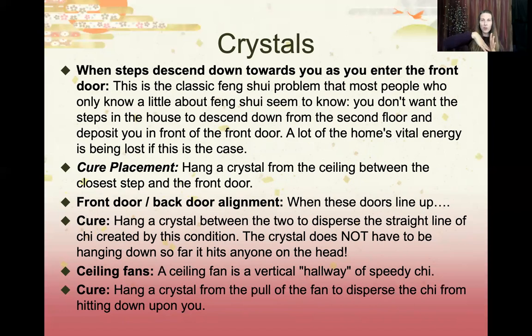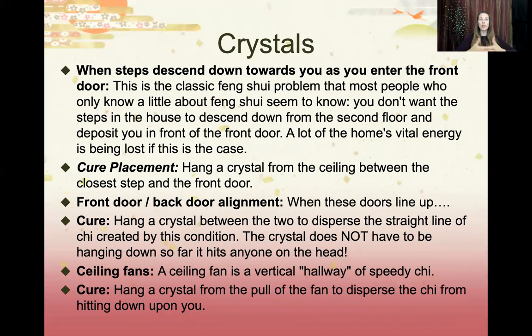Now, if that's the way our house is built, it's okay. Again, we don't want to be like, I can't believe that's my house. We're just going to put a cure. We're going to hang a crystal from the ceiling between that bottom closest step and the front door, and we're dispersing the chi.